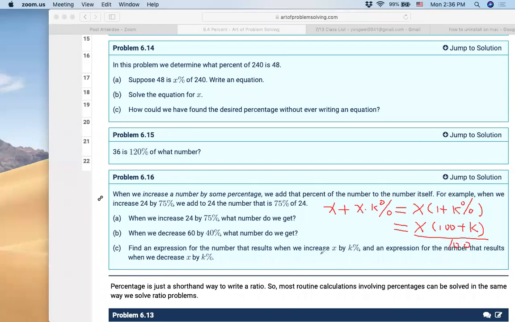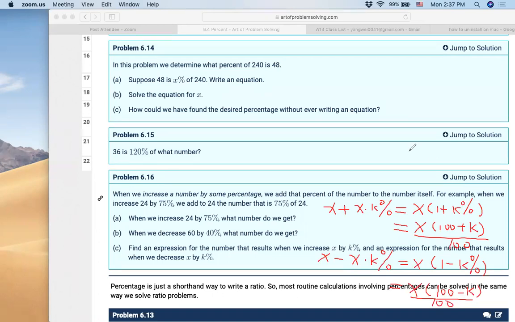And for decrease by k%, the new number is x minus x times k%. Take the common factor x out, so that's x times (1 minus k%). So you get x times (100 minus k) divided by 100. You can also write it this way.